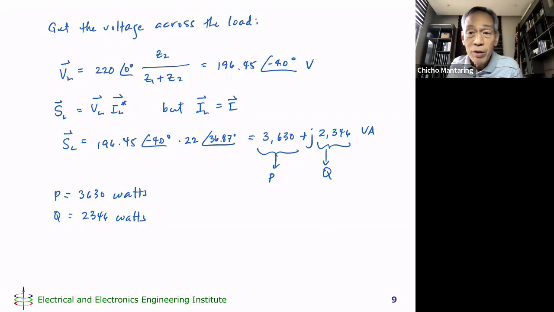Although maybe I should mention that it's not really an issue nowadays to use complex math because you have your calculators. In our time, when we had no calculators, complex math was an issue for us because we had to perform the sine and cosine functions manually.